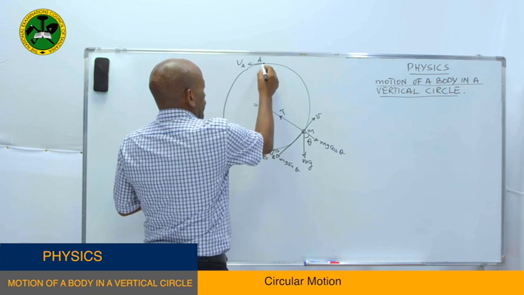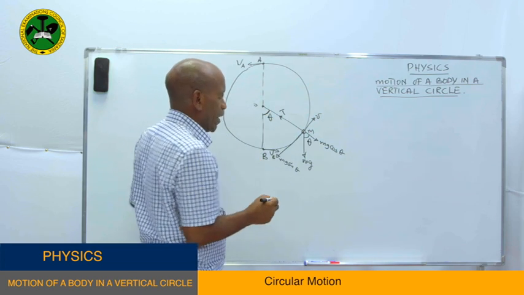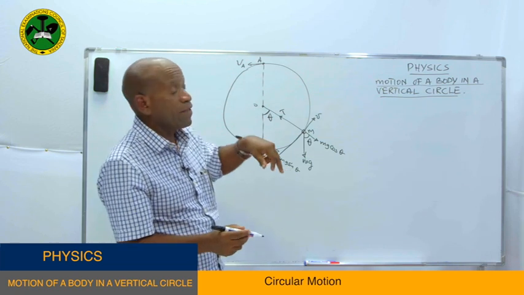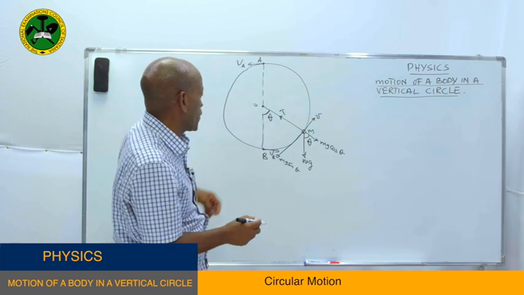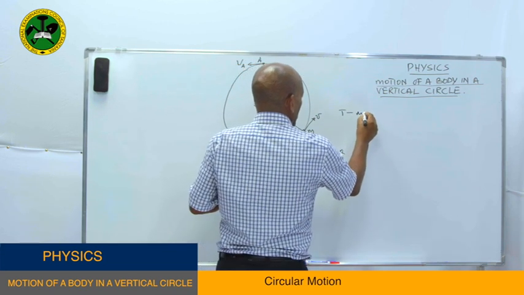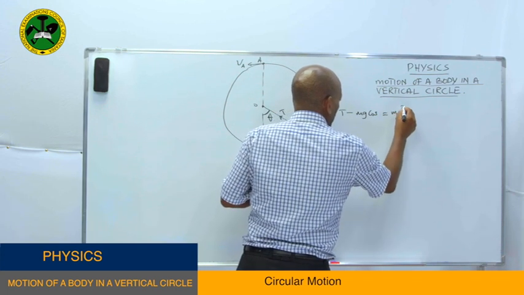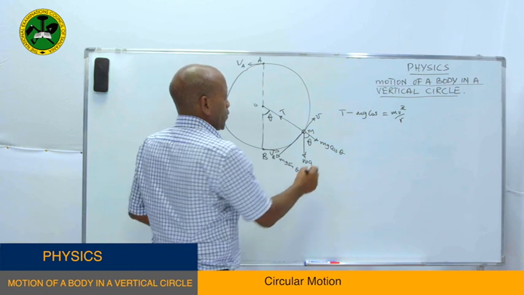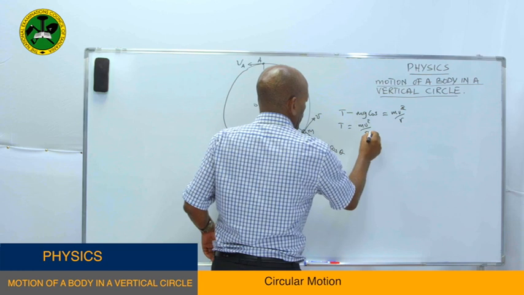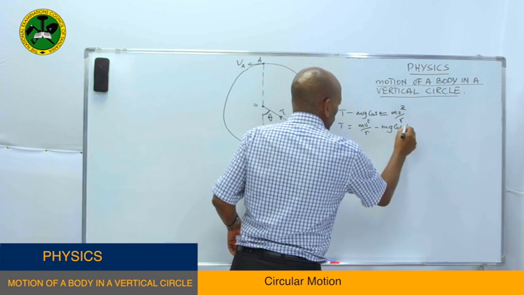Whenever it reaches the top, we could use the angle theta, such that the resultant force, which is necessary to keep the body in a circle, the centripetal force, will be equal to the tension force T minus mg cos theta, which is equal to mv squared over r. And the tension force T at any instant will be equal to mv squared over r, which is the centripetal force, plus mg cos theta.